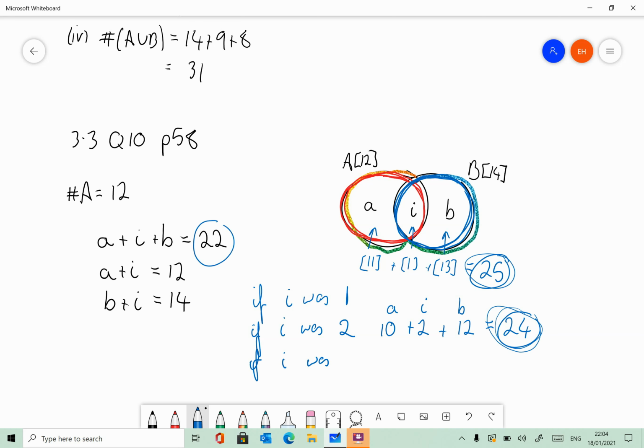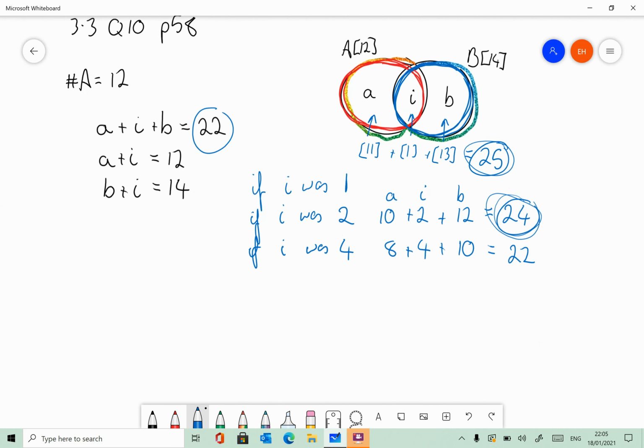I need to jump up 2 more, so I'm going to check 4. If I was 4, A would be 8, I would be 4, and B would be 10. Is that equal to 22? Yes. So that is how I would tackle that problem, okay? Kind of trial and error. There is a much nicer way of doing it that I won't look at this year. We might look at it next year, depending on how we're doing, okay?